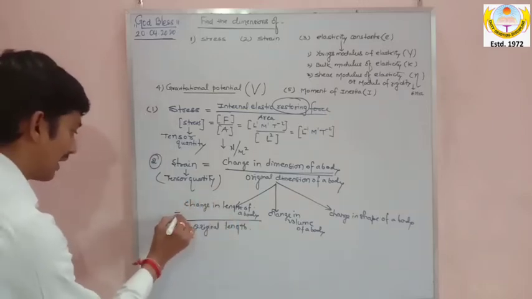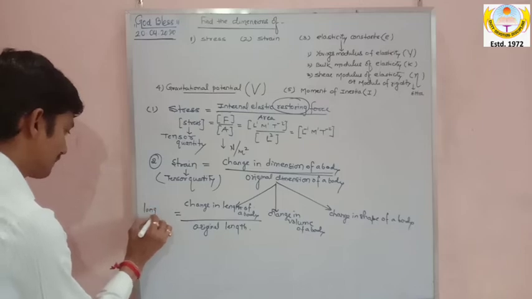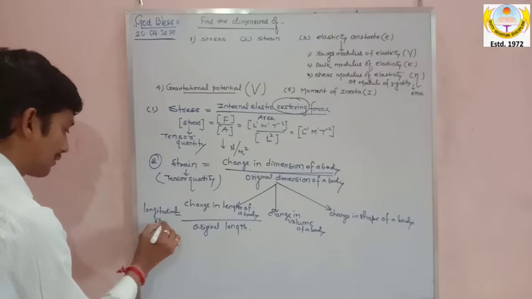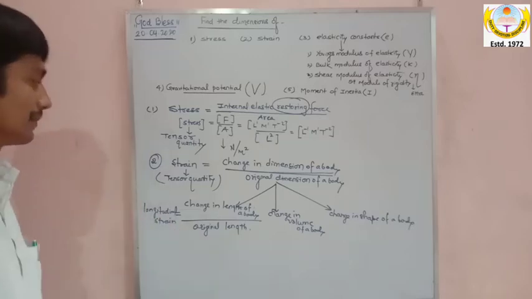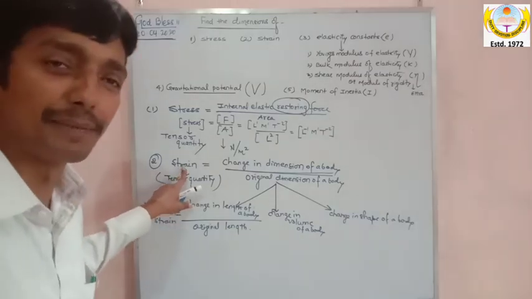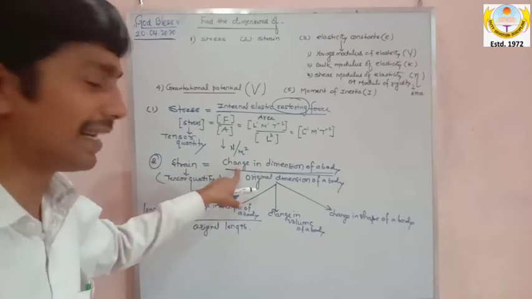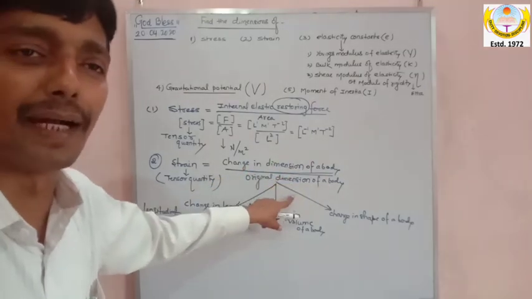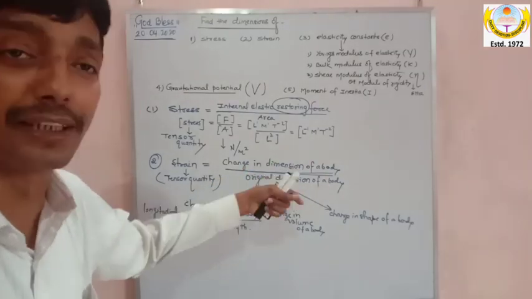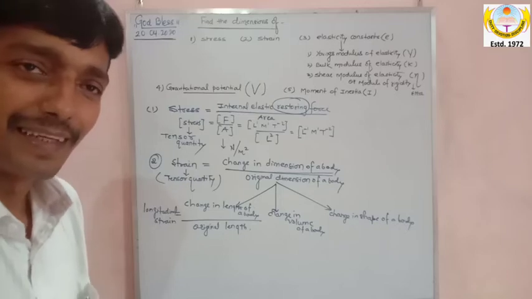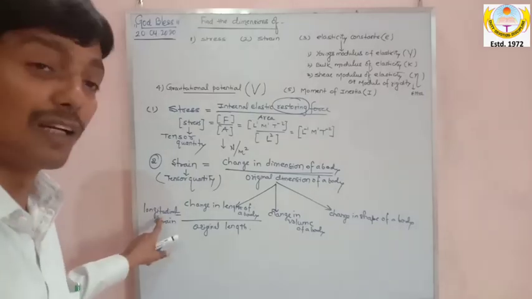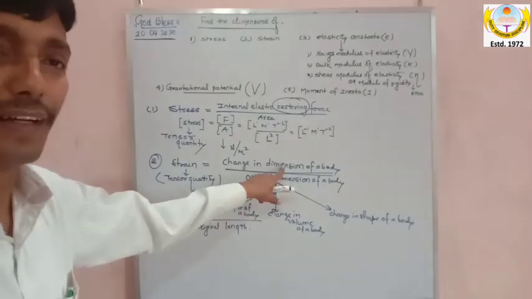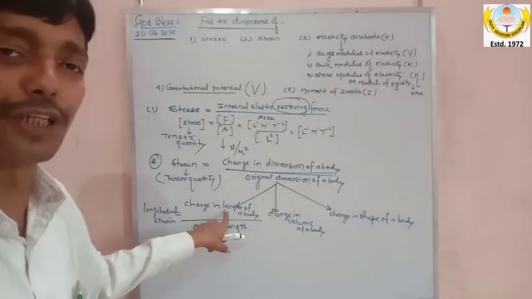And it is called longitudinal strain. Matlab strain is also having three types. So normal strain, when we don't say any name in front of strain, is change in dimension divided by original dimension. We don't know which dimension was changing. Am I clear? But when we give the word longitudinal strain, immediately you should say, oh God, in dimension of the body, the length was changed.